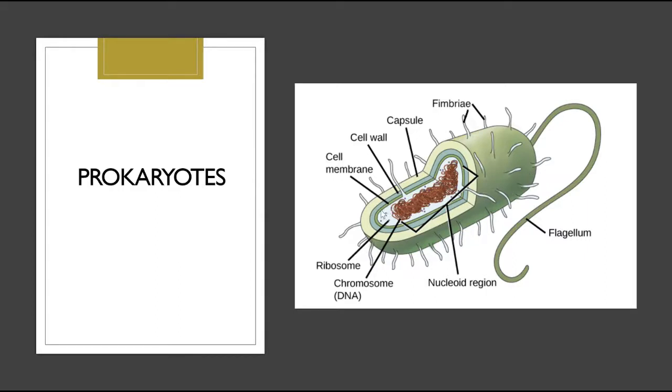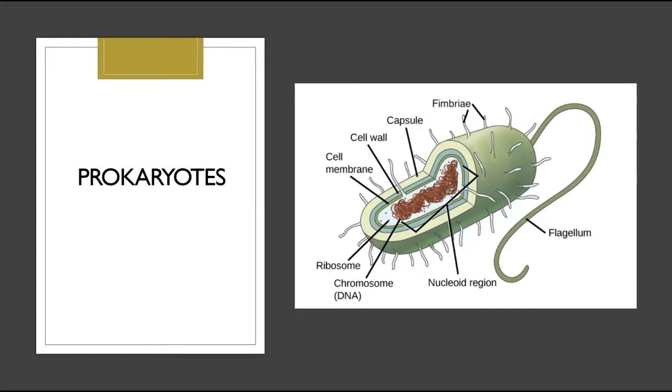For example, they have ribosomes, which are not membrane bound, and other organelles also don't have a membrane-bound structure. The DNA is found in a central region of the cell, which we call the nucleoid. They don't have a proper nucleus, and the DNA typically consists of a single large loop.